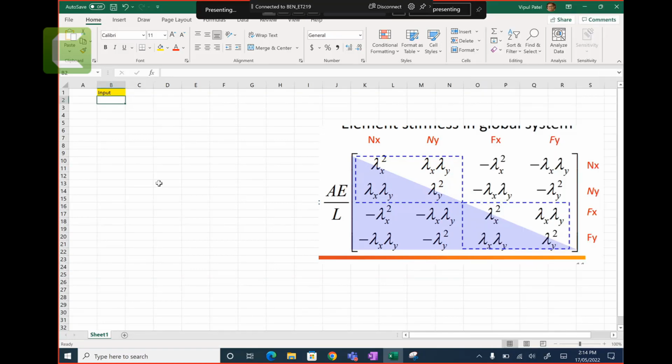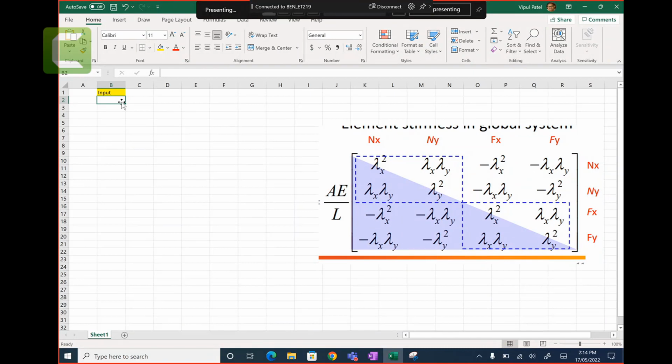Okay, so open Excel, input, and then we can first get this matrix K1. If you want K1, what input do we need?